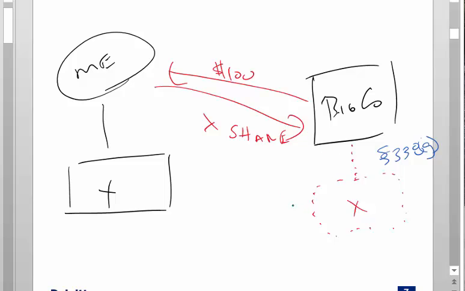Okay? And the way 338 works is it creates the fiction that there's an old X and a new X. And the old X sells the assets of old X to new X in a taxable transaction.